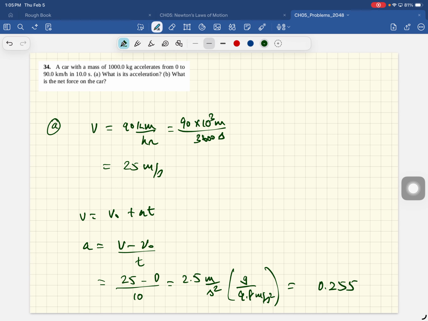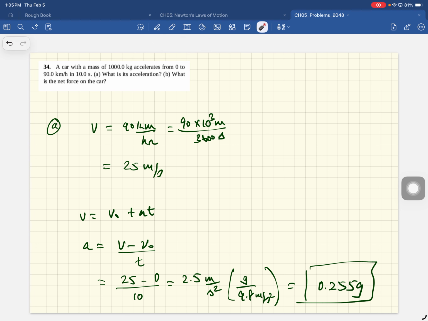That's 2,500 newtons. Small cars, a Honda Civic is actually about 1,500 kg. I don't know what car this would be, but anyway.